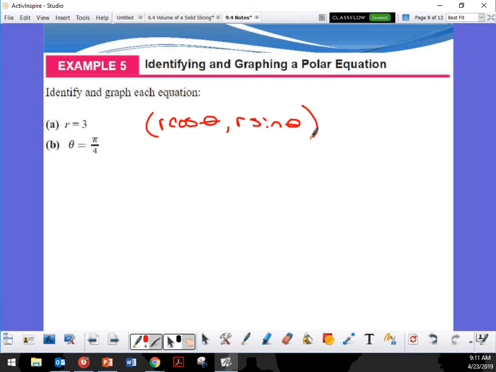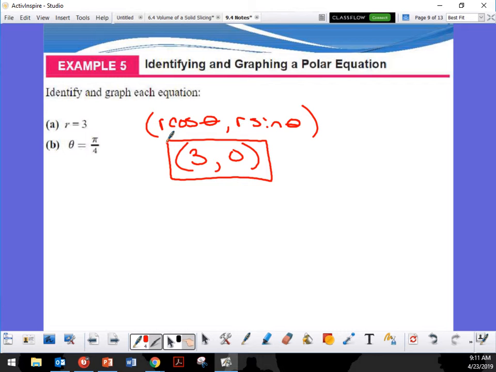So R, and so let's take a look. So R is going to be 3, but then the cosine at 0 for this one right here is going to be 0. So no, cosine is 1. So it's going to be 3, right, parentheses, and this one is going to be 3, right, times sine of theta. So sine is 0, so it's going to be 0 right here. And this is rectangular form.